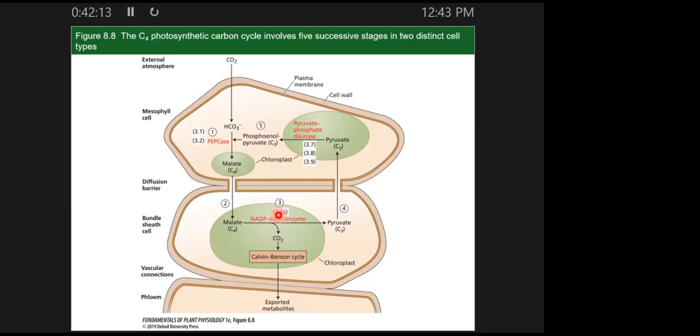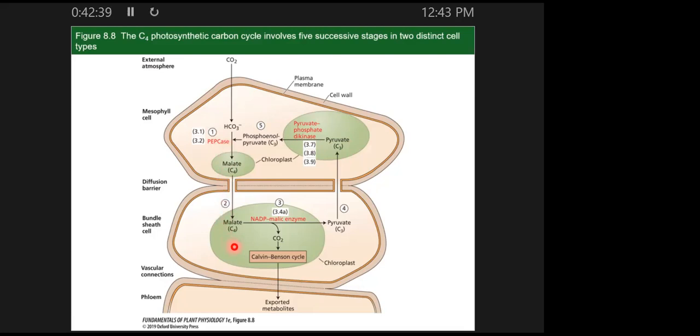Once you get CO2 off of malate, the other product is a 3-carbon molecule, which is pyruvate. So now pyruvate's job is to find the mesophyll cell again so that it can get regenerated into phosphoenolpyruvate. So: carboxylation in the mesophyll with that very special PEPcase enzyme.